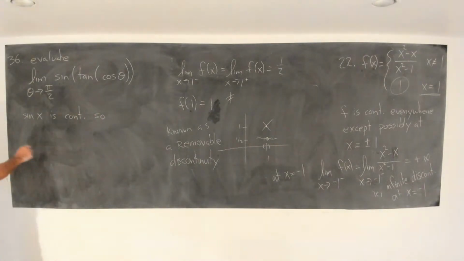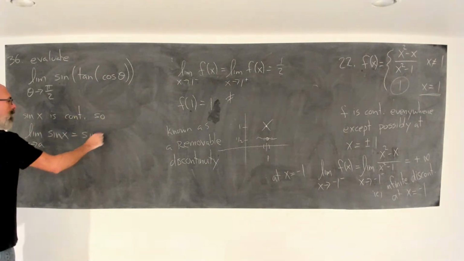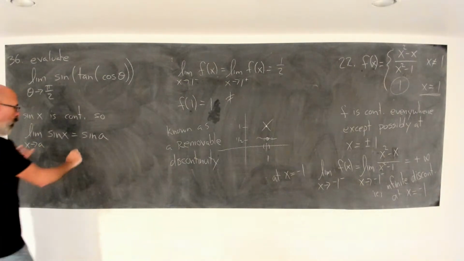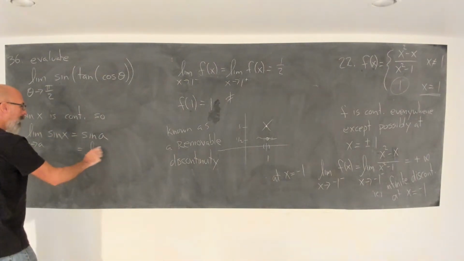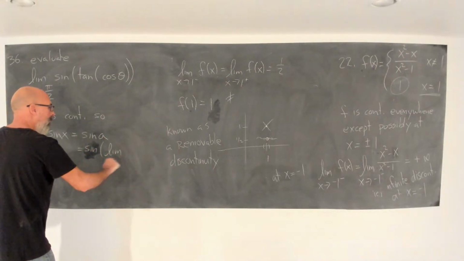So what does that mean? That means that limit as x goes to a of sine x is going to be sine of a, which can be thought of as sine of the limit.